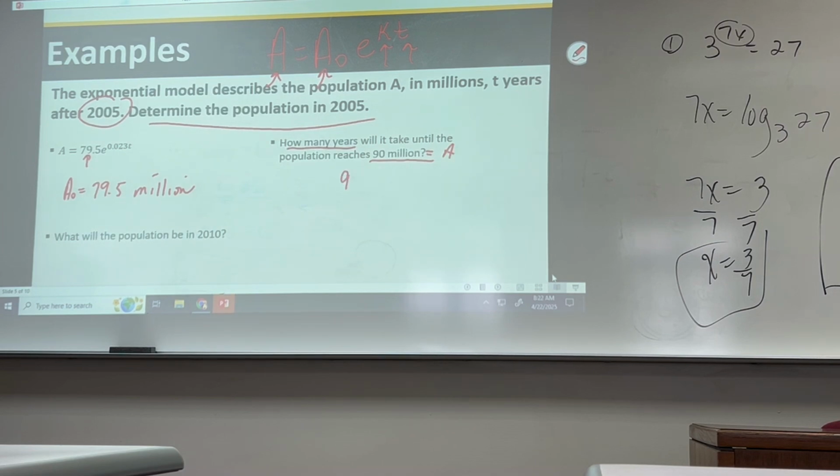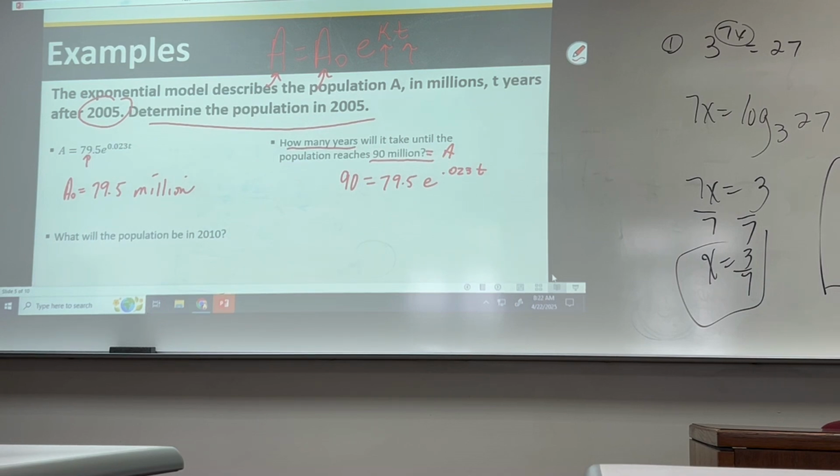So 90 equals 79.5 e to the 0.023 times t. A sub 0 is the starting population, uppercase A by itself is the ending population in this case.